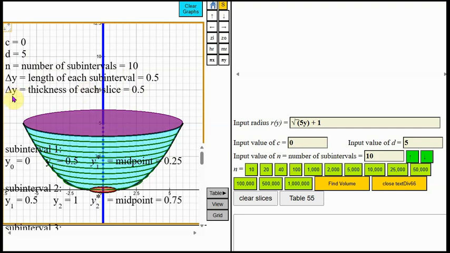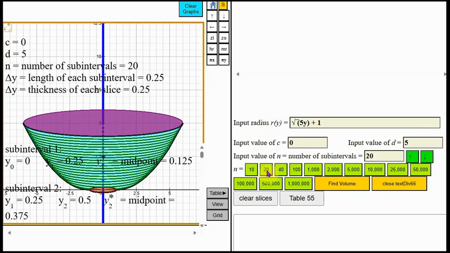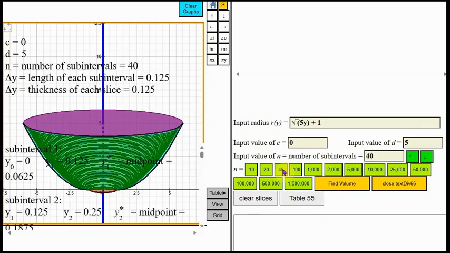And the thickness here, let's denote it as delta y. And then if we divide the solid into 20 slices, then the thickness of each slice, or delta y, will be 0.25. And then here I divided the solid into 40 slices, and so the thickness of each slice, or delta y, is 0.125.